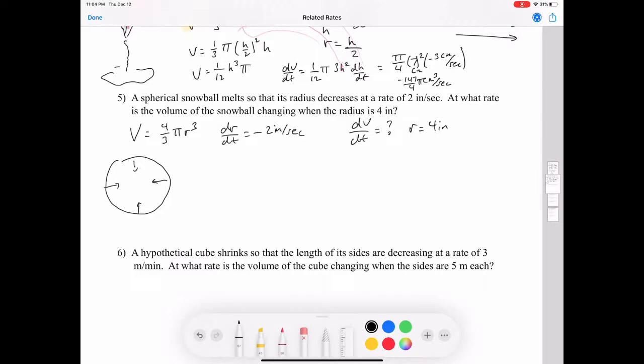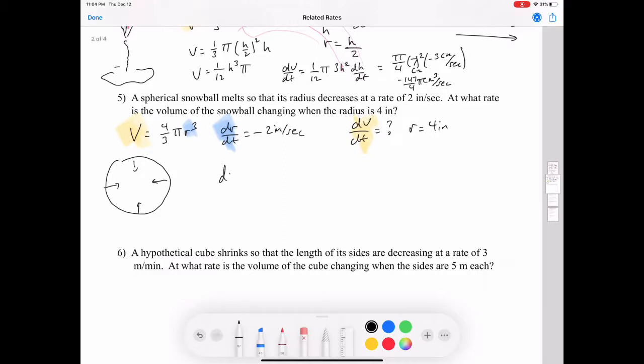In this problem, as you can tell, we're trying to find dV/dt. How do we get dV/dt? We take the derivative of this over here, and we're given dr/dt, and we can use that.